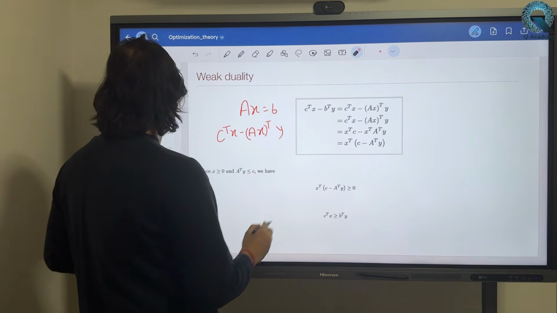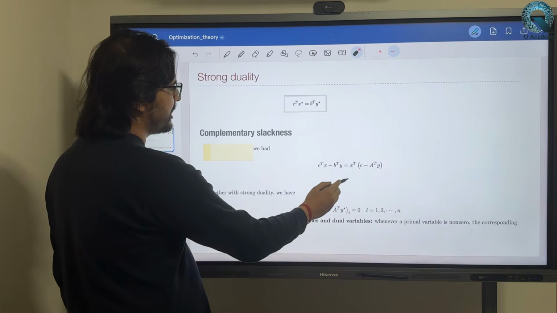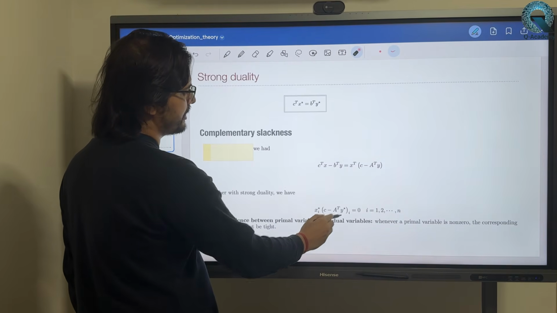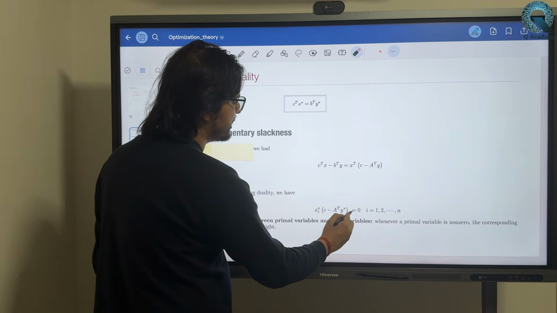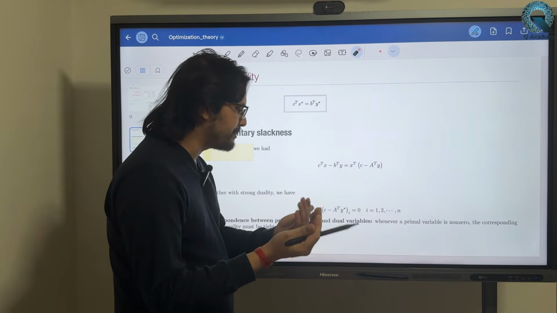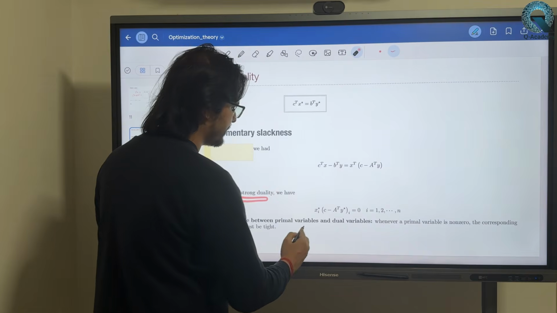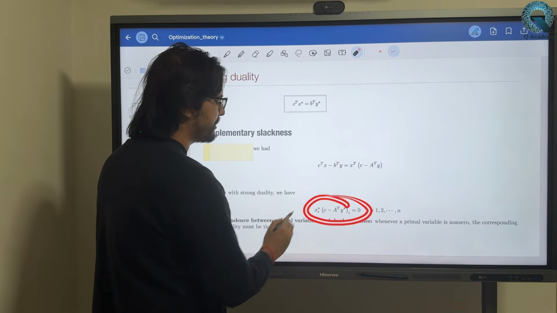So in that case, for the optimal primal optimizer X star and dual optimizer Y star, you have this expression equal to 0, which means the gap is closing because we have strong duality. But something beautiful happens here.